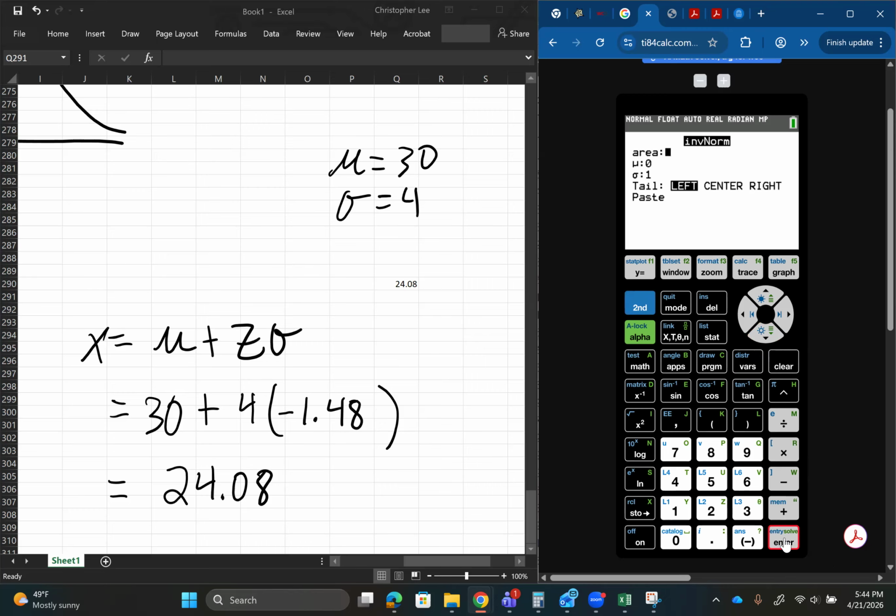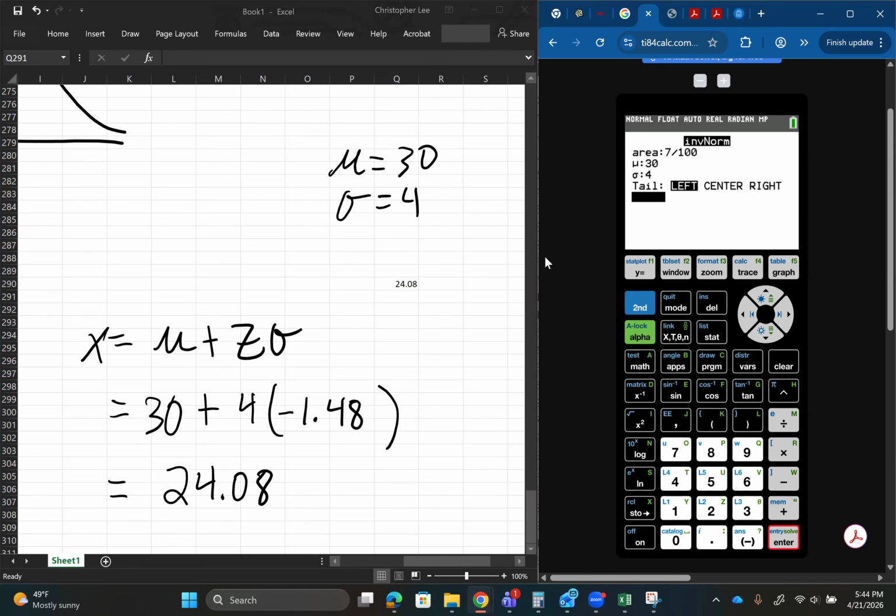And then what's our area? It was 7%, right? So that's 7 divided by 100, something like that. Our mean we know is 30. And our standard deviation we knew was 4. It's on the left.